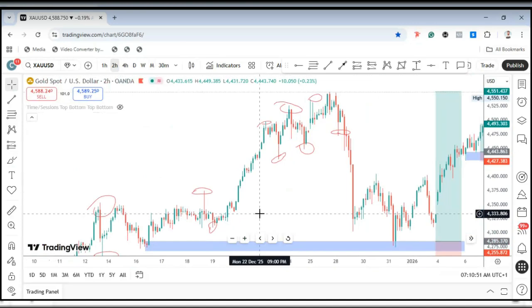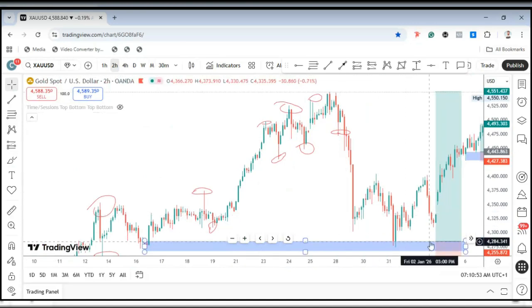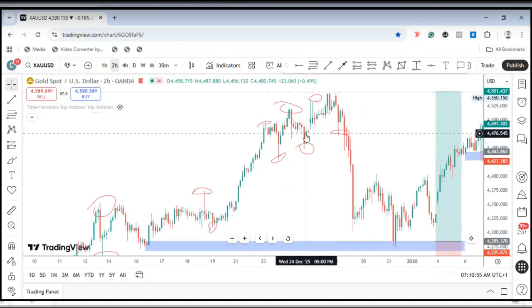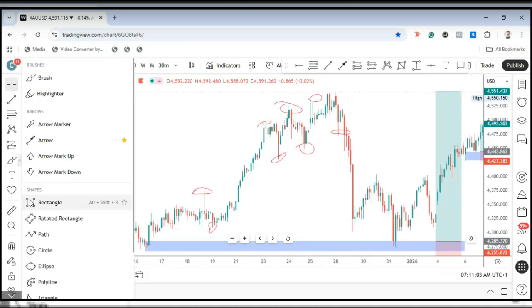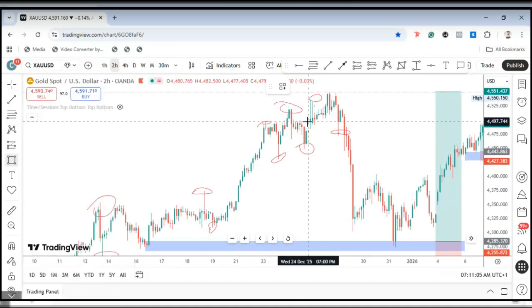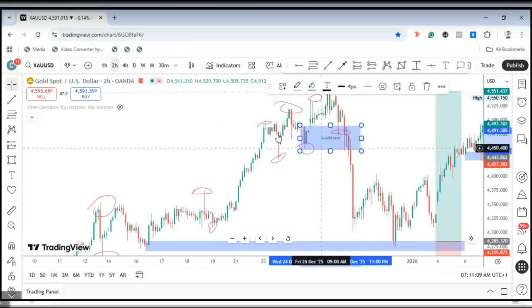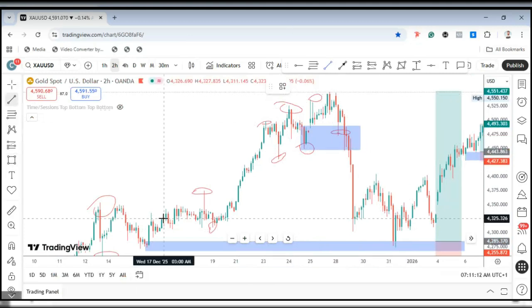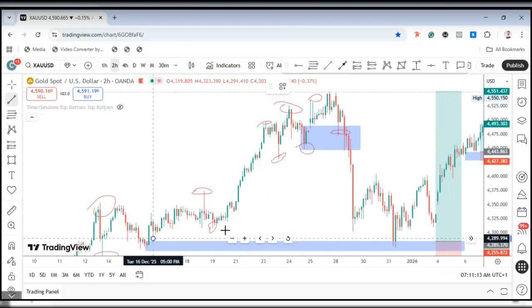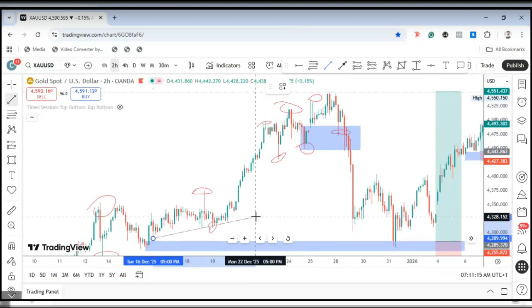Now, why did I buy from here? Why not from here? Because this is the closest demand zone, and most people are going to obviously buy from here, but they are going to lose money when they buy from here. Why? Number one, this is a trend line.